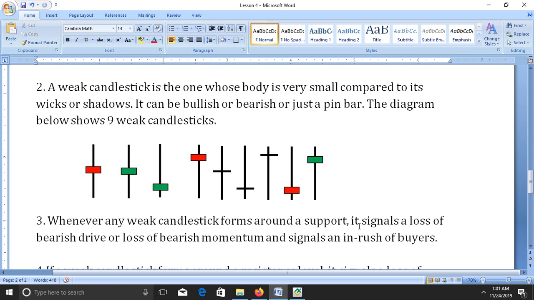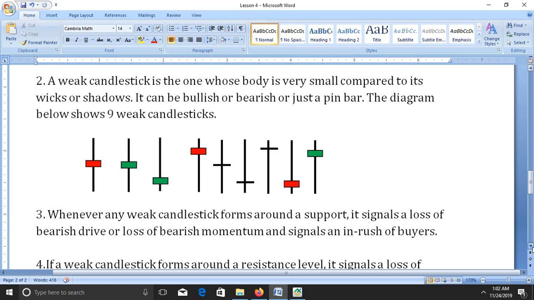Okay, so that is what it means. That means when they form at a support, we should be getting ready to buy, and closing our sell orders.